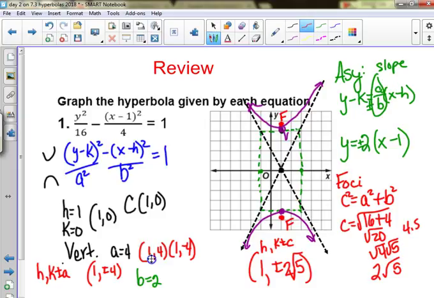Humor me, could we find the eccentricity? E equals C over A. Do we know both of those things right now? C is 2 square roots of 5 and A is 4.